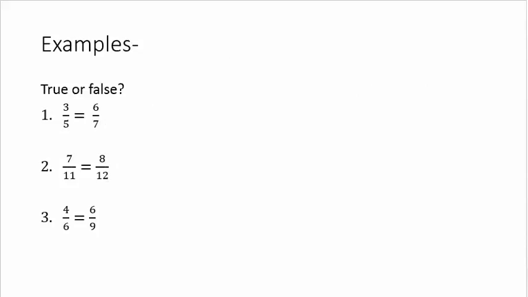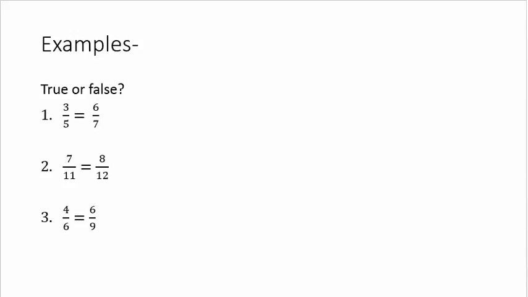So if we look at some examples, we're trying to decide if these ratios are in fact equal. For number 1, we have 3/5, is that equal to 6 over 7? And you can go about this a couple of different ways. We know that 3/5 is reduced, 6/7 is also reduced, and because neither of those fractions reduce any further, we can say right away that this is false.